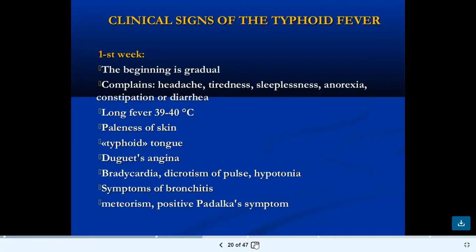Bradycardia, dicrotism of pulse, hypotonia, symptoms of bronchitis, meteorism and positive Padalka symptoms.